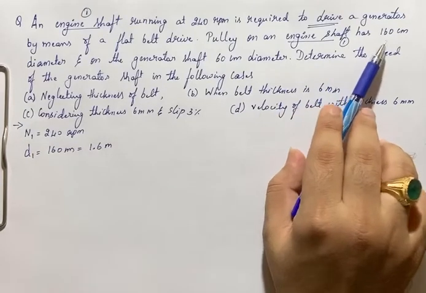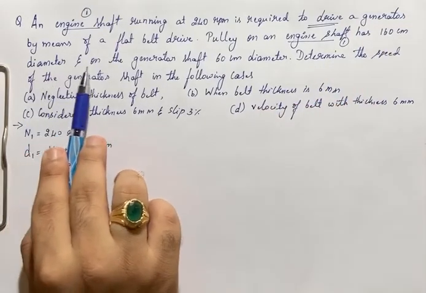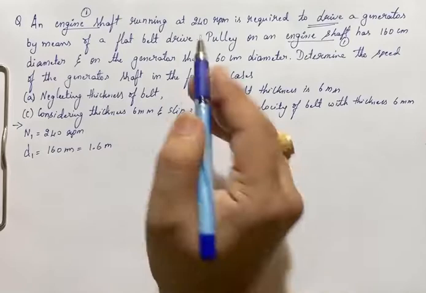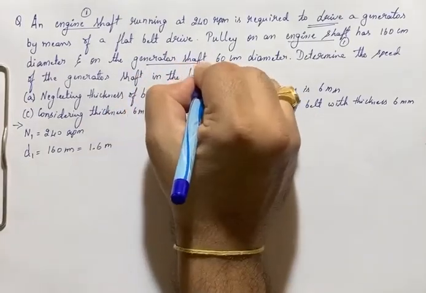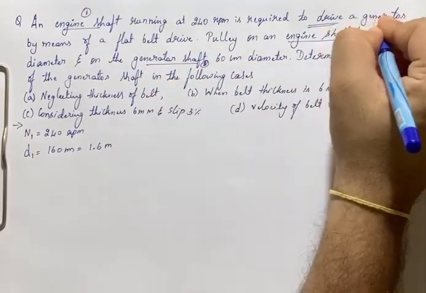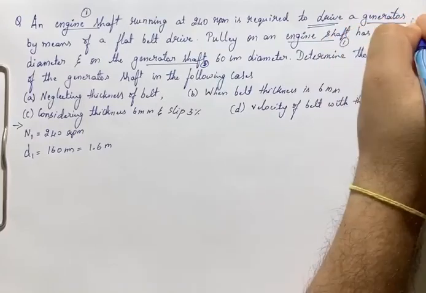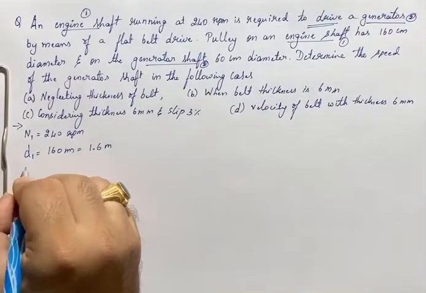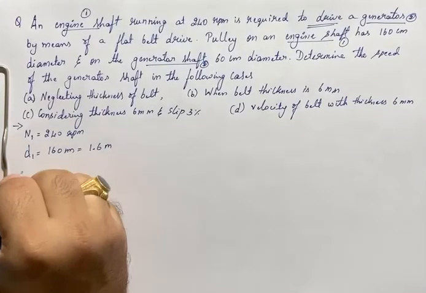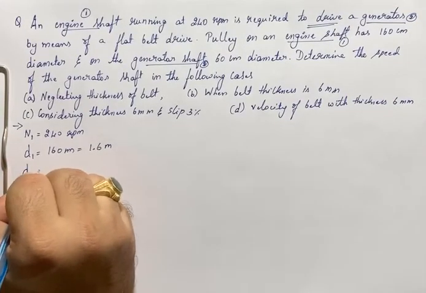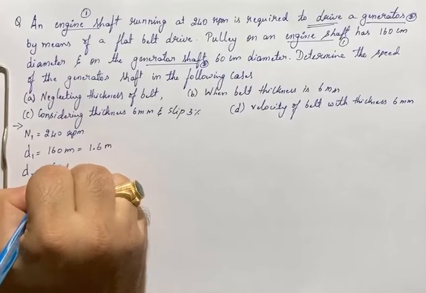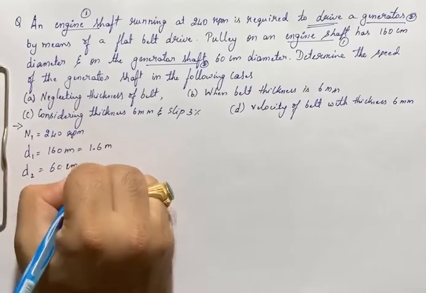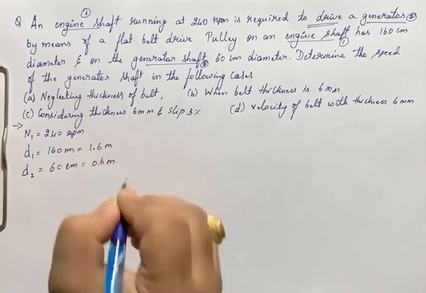And the generator shaft has 60 centimeter. Generator is 2 here, that is the driven. So D2 is 60 centimeter, which is nothing but 0.6 meter.